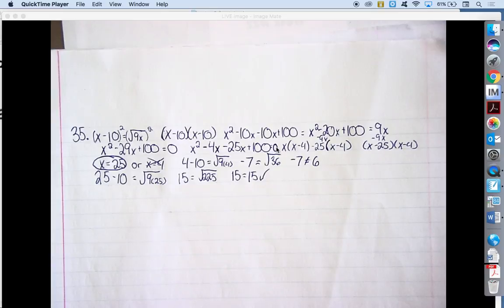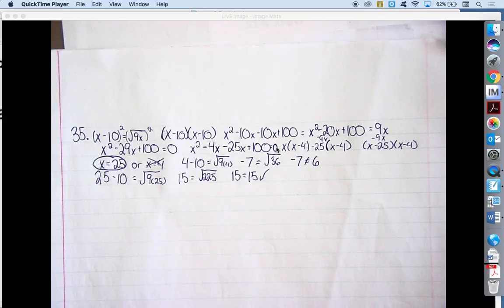And then you FOIL x minus 10 and x minus 10 to get x squared minus 20x plus 100 equals 9x. Subtract 9x on both sides to get x squared minus 29x plus 100 equals 0. Then you find what times what equals positive 100, but adds to negative 29. That would be negative 4 and negative 25. So your new equation is x squared minus 4x minus 25x plus 100 equals 0.